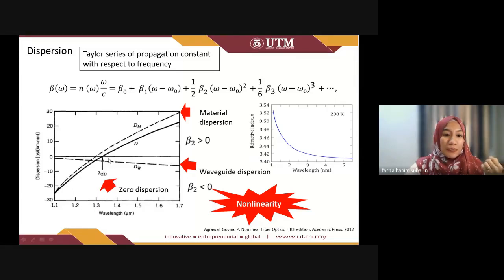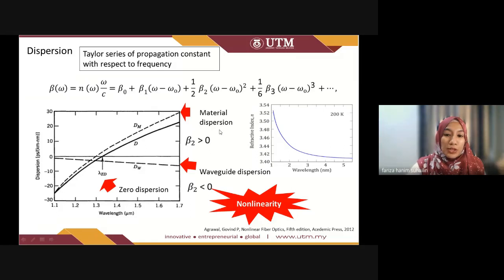So at a wavelength regime, for example, at 1.5 micron, at our telecommunication window, we have a positive value of beta 2. So this is the normal dispersion regime of optical fibers. Currently in our telecommunication window, we are working at the normal dispersion regime.